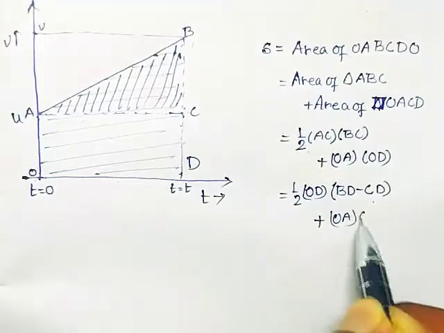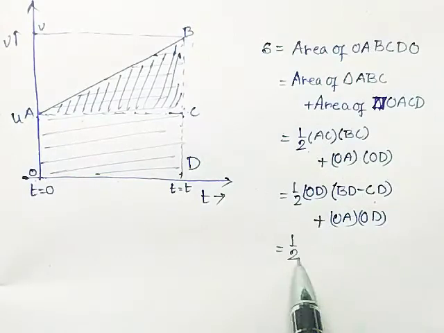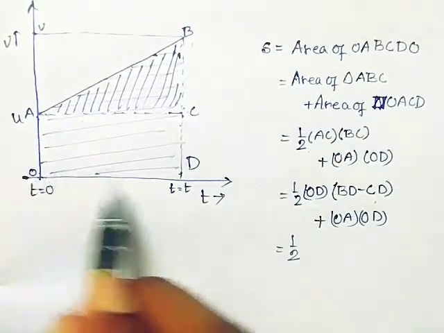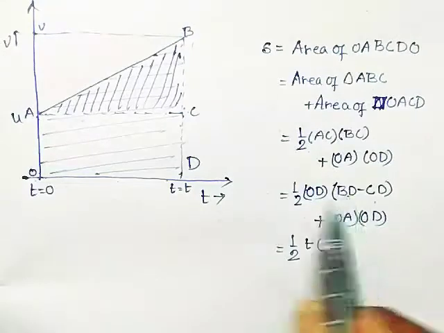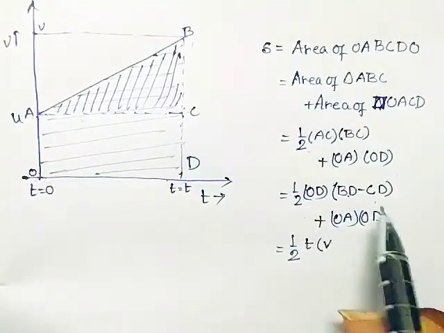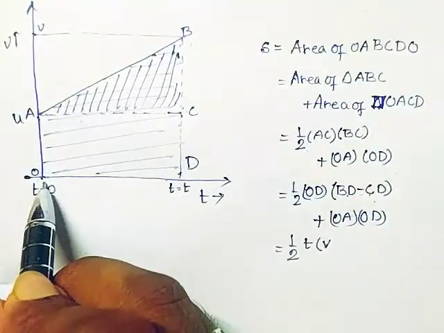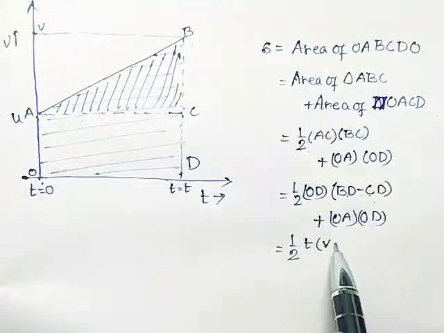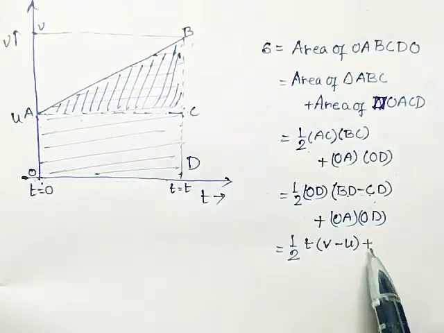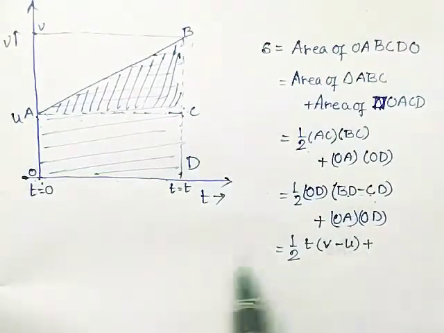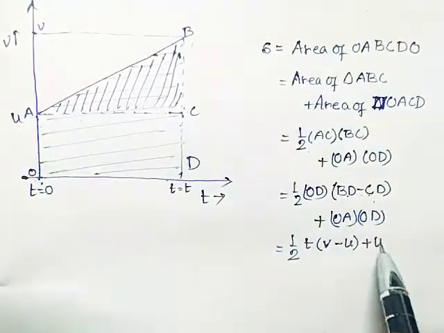If I replace all the values, OD is the time, BD is V, CD is basically equal to OA, so I can replace it by U, giving V minus U, and OA is U. What is OD?